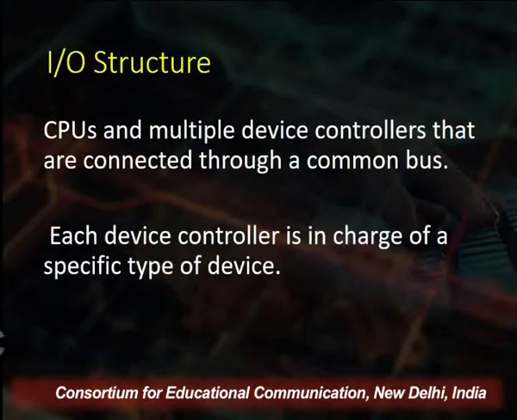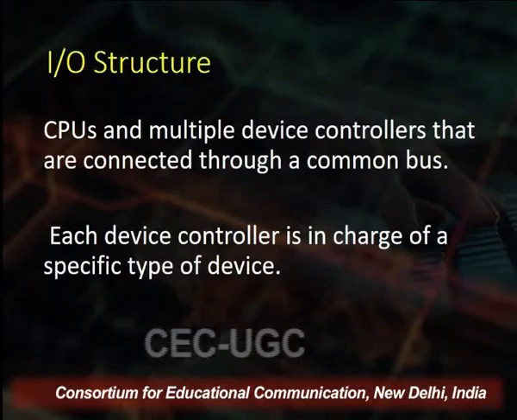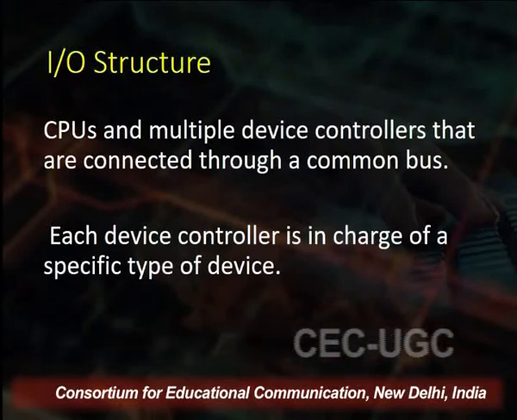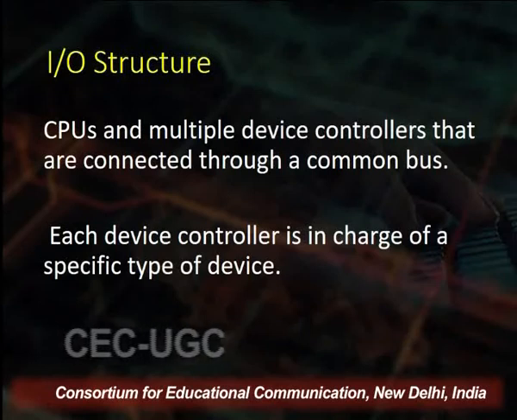Coming to the input output structure, we have seen in the previous lecture that with each device we have a device controller. There are multiple device controllers, and the CPU is connected through a common bus, and this common bus is connected to the memory.